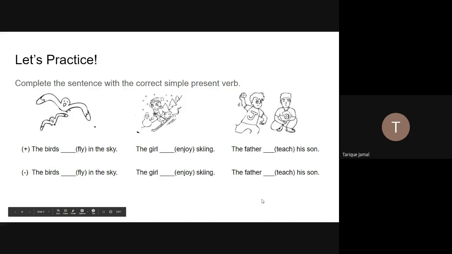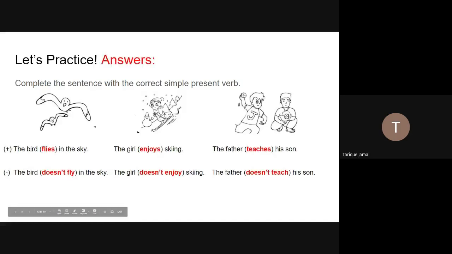All right, so let's check your answers now. Okay, here you go. I just want you all to match your answers with this one. If you guys have done this correctly, well done. And if you have made one or two mistakes, then just go through the slides, go through the presentation that we are doing, especially the rules of spelling and the one that we just did now.